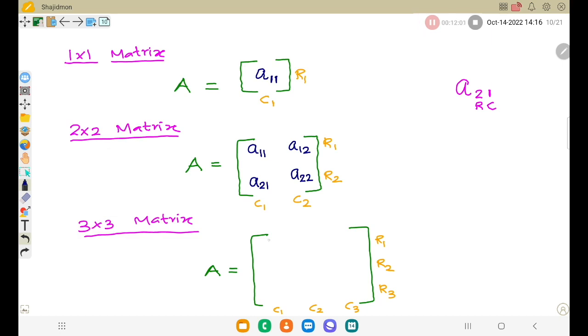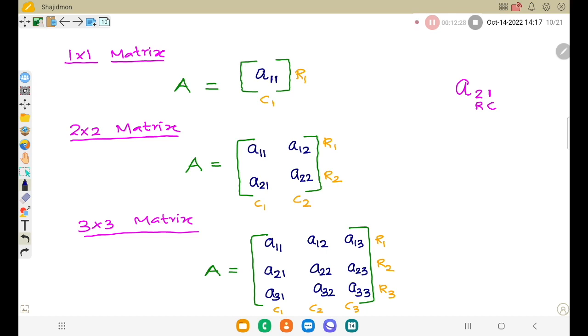The first number in first row, first column, A11. First row, second column. First row, third column, correct? Now the same, second row, first column. Second row, second column. Second row, third column. Same, third row, first column. Third row, second column, and third row, third column, A33.